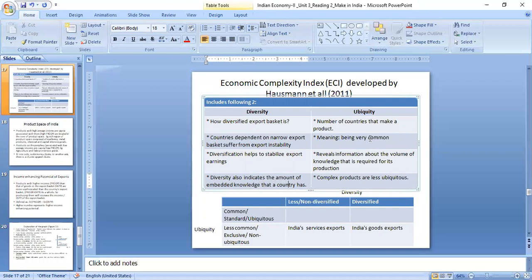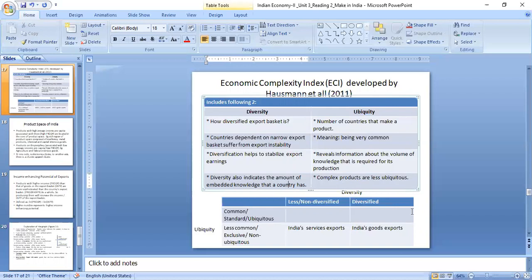So ubiquity, the literal meaning is very common. That is, how many countries are making that product. So if a product is simple, then every country can make it, which means simple products are going to be ubiquitous, they're going to be common, whereas complex products are going to be less ubiquitous.